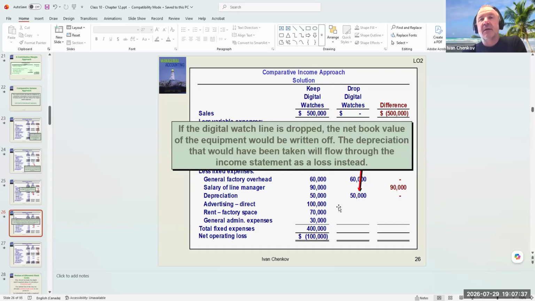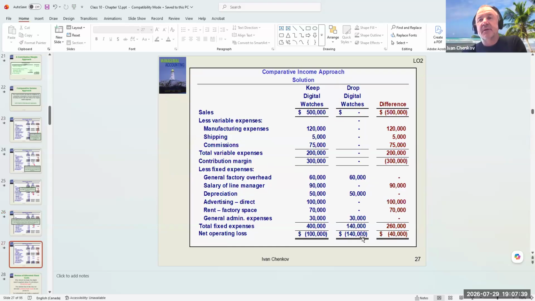Advertising is going to disappear. So if we make this decision, our net operating loss is going to be 140,000. Right now it's 100,000. If we drop it, it's going to be 140,000. The question is, which scenario is better, losing 100 or losing 140,000?